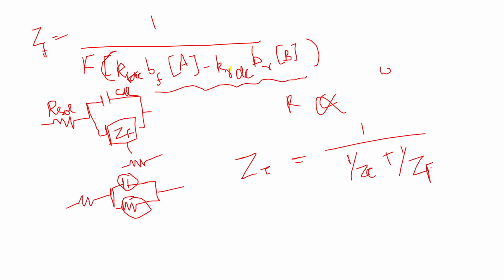What is the formula for impedance of the capacitor? One upon j omega c. Yeah, j omega c. So here it is 1 by zc.